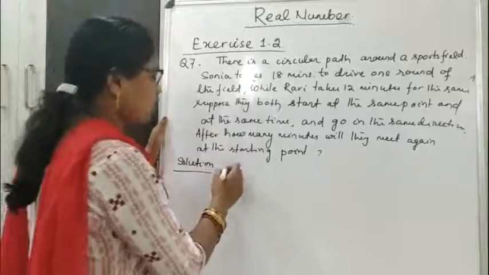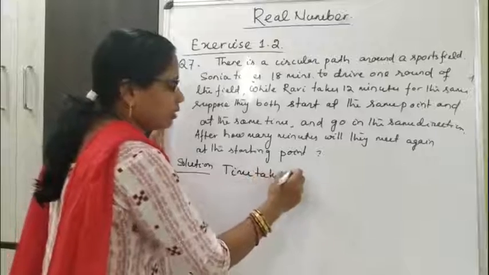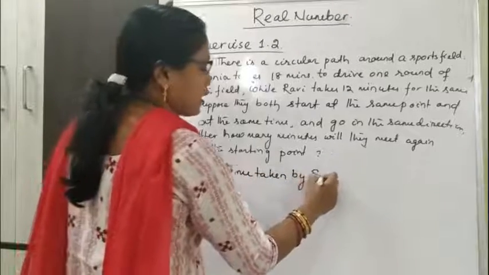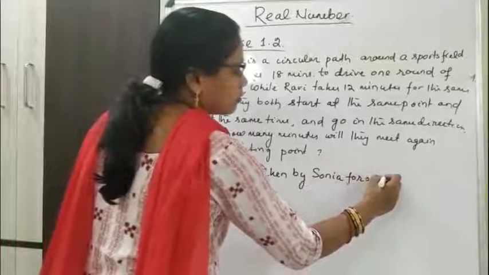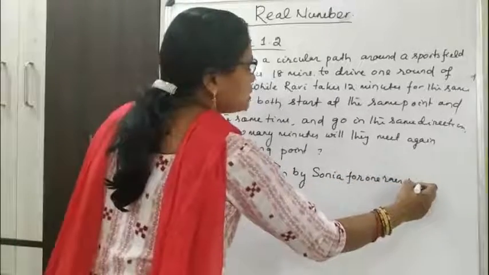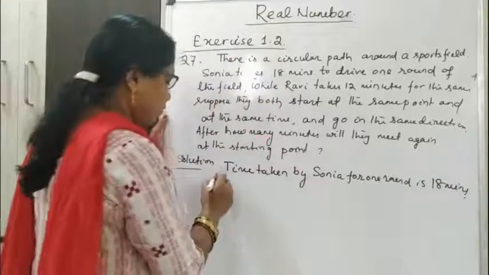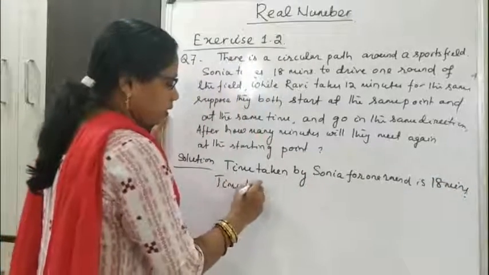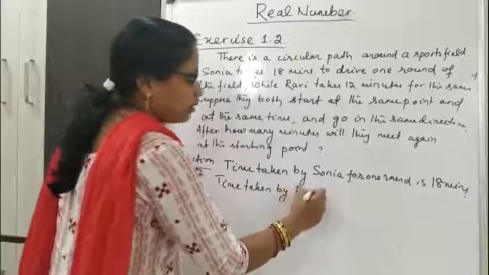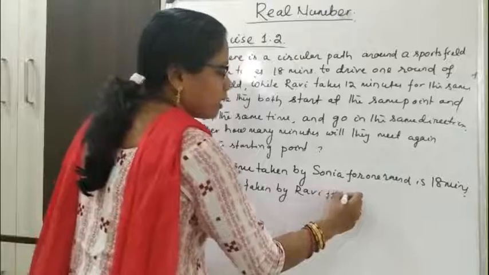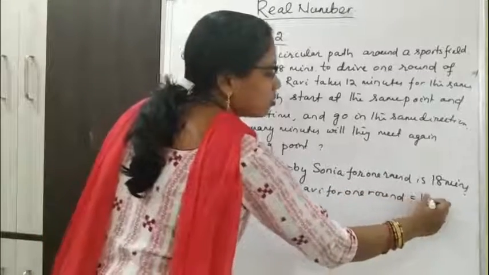So what is the time taken by Sonia for one round? It is 18 minutes. And the time taken by Robbie for one round is equal to 12 minutes.